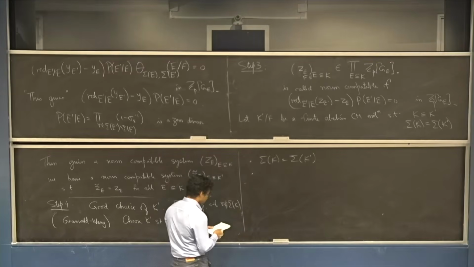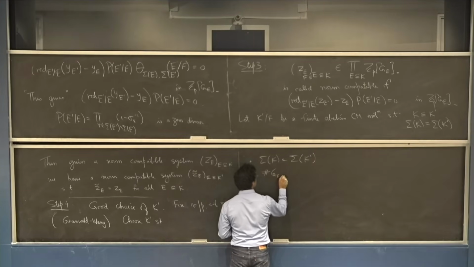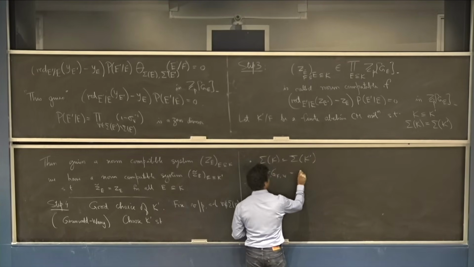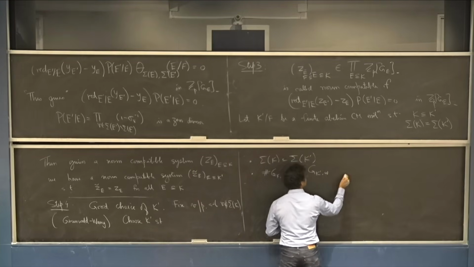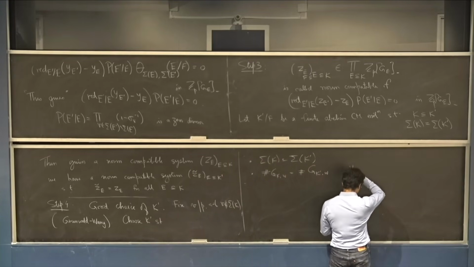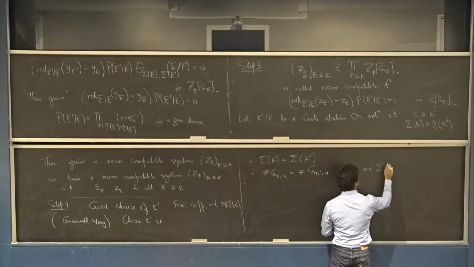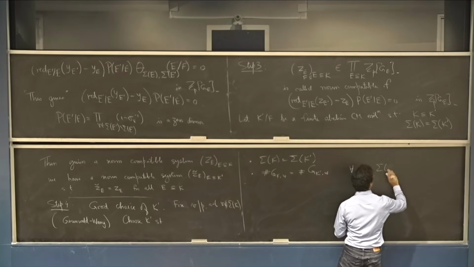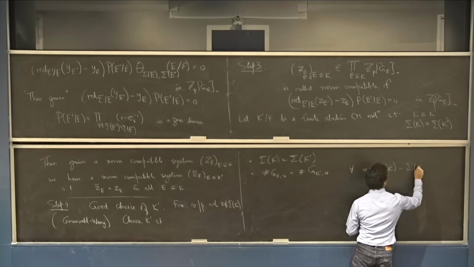Yeah, where was I? Okay. Then the decomposition subgroup has the same size over K or K prime for all W's in sigma K, which is the same as sigma of K prime.